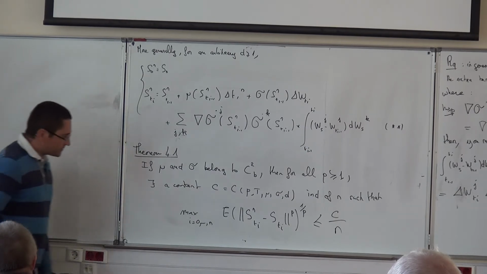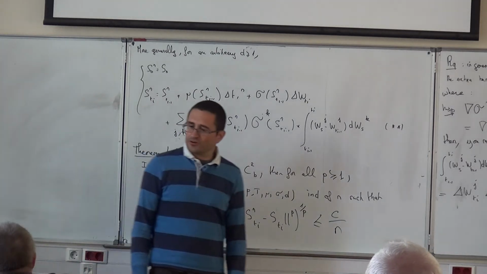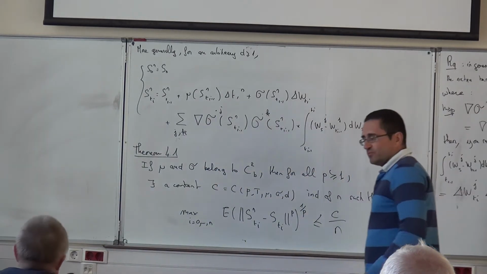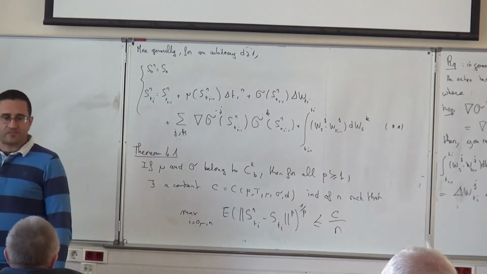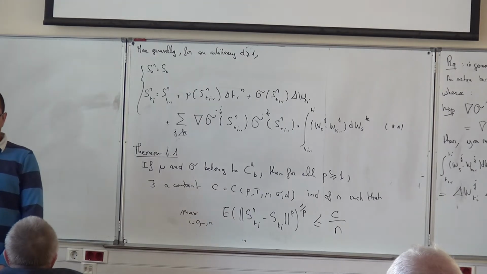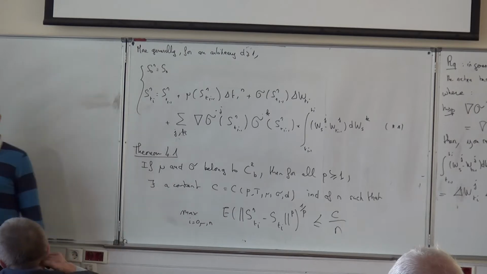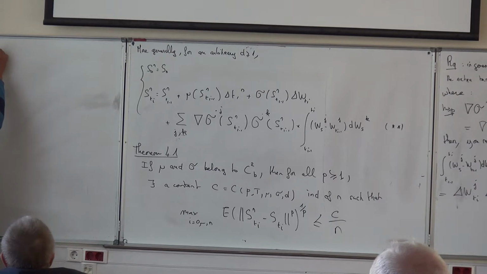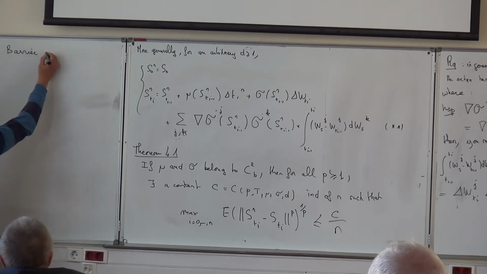So in finance, in the case where there exists a risk-neutral probability measure, we want to compute the price of some option as the expectation of the discounted payoff. This is what we saw last time, in particular for European options. For now, we are going to see the barrier options.